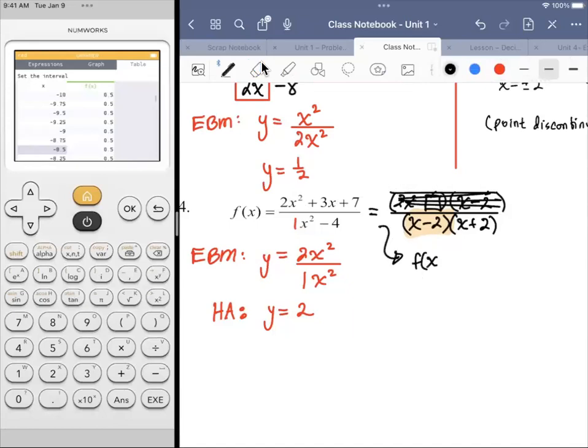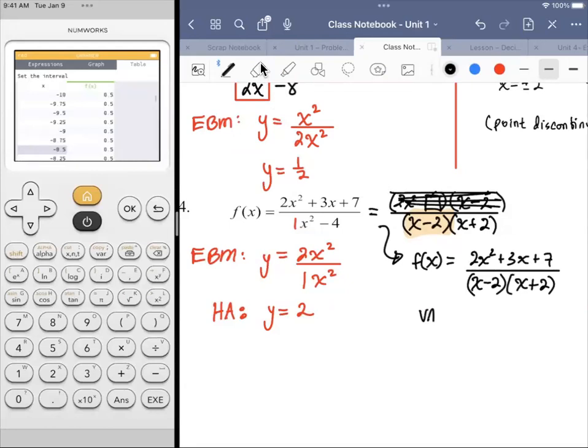I'm going to say f of x is equal to 2x squared plus 3x plus 7 over x minus 2 times x plus 2. All right, so I'm going to look at the bottom now for the vertical asymptotes.